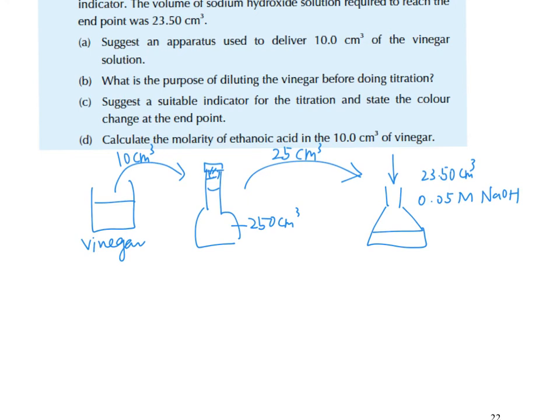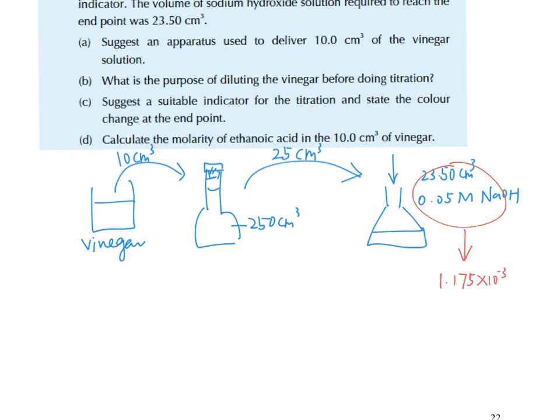Now, in this question, because ethanoic acid is a monobasic acid, although it is a weak acid, in the presence of sodium hydroxide, ethanoic acid can completely react with sodium hydroxide to form the salt. And from this information, you can work out the number of mole of sodium hydroxide for complete reaction.